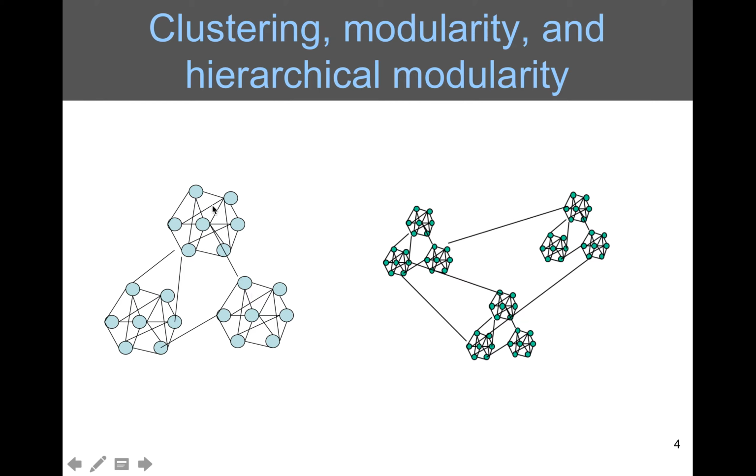So this type of network is said to exhibit a structure of modularity, because it seems to be possible to break down this network into three parts, each of which has very high clustering coefficient, but there are very few loose links between them. In the second network on the right, this is also modular in a way, but it exhibits modularity at two levels.